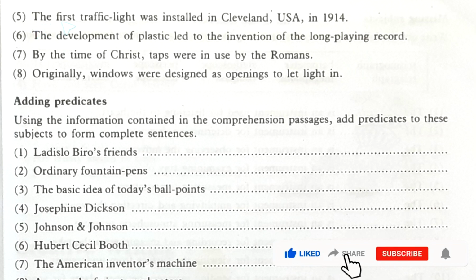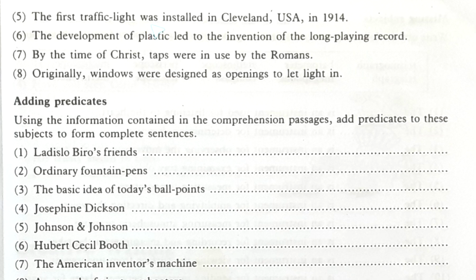Number 5: The first traffic light was installed in Cleveland, USA in 1914. In this place, the verb is was installed, and if we put just before it who or what, then we will get the answer, and the answer will be the subject. What was installed? The first traffic light.